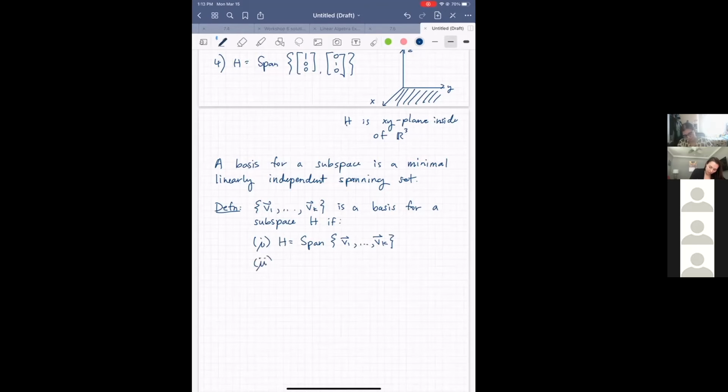And furthermore, v1 up to vk are linearly independent.